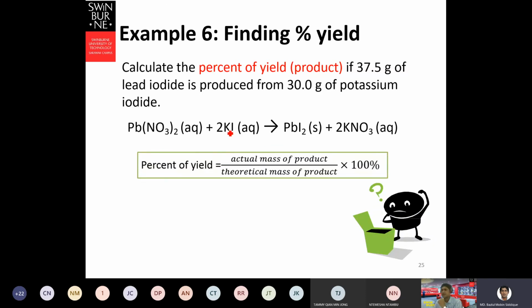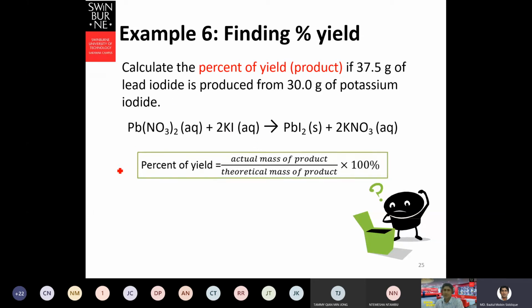Okay, so percent yield means how much yield, or what percentage of the product, has been produced in relation to the ideal production.